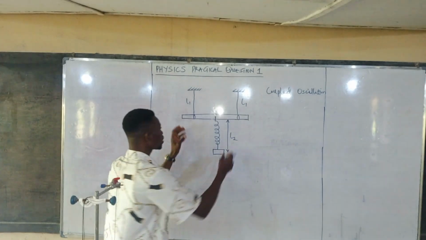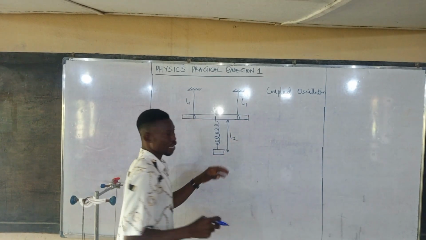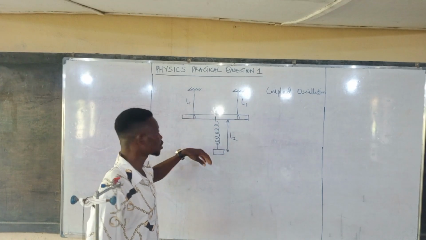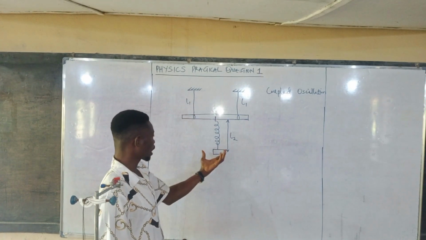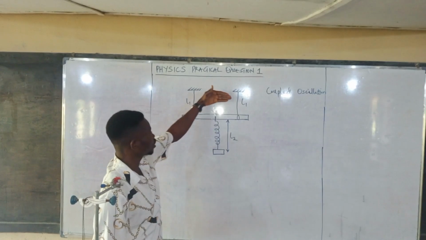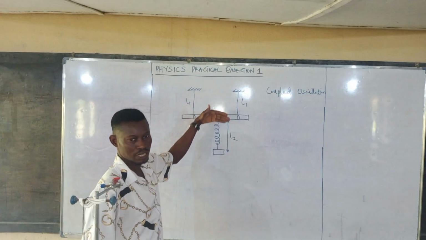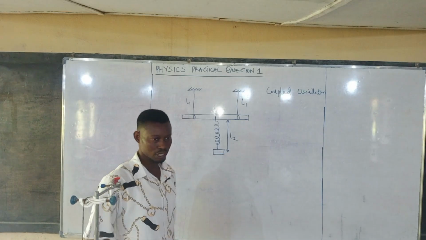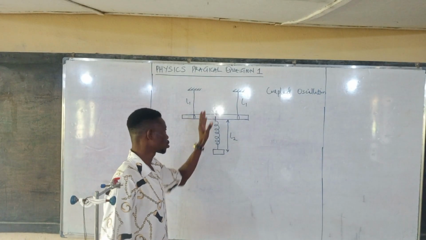If this system is displaced horizontally, remember that in this kind of coupled oscillation, there is energy transfer between the 2 systems. You can displace this one and it will transfer the energy to the first system. You can displace the first system and it will also transfer the energy to the second system. So there is a perfect energy transfer between these 2 systems.